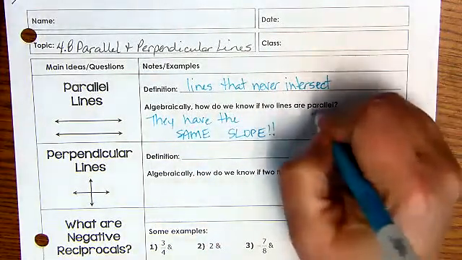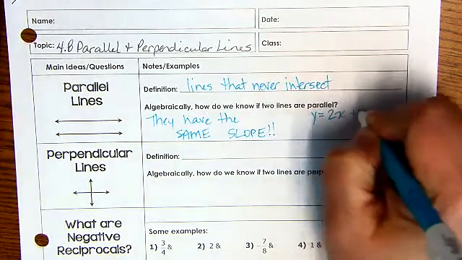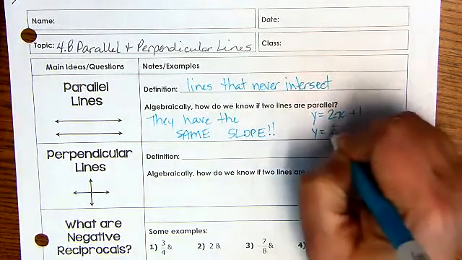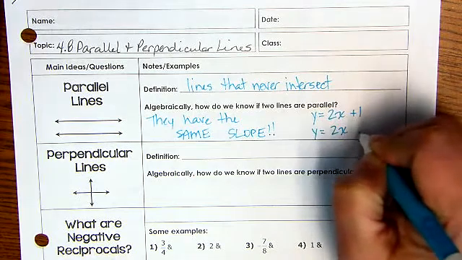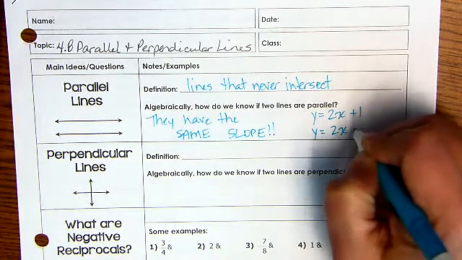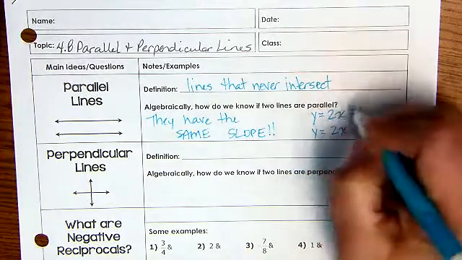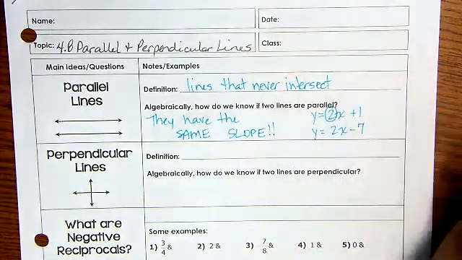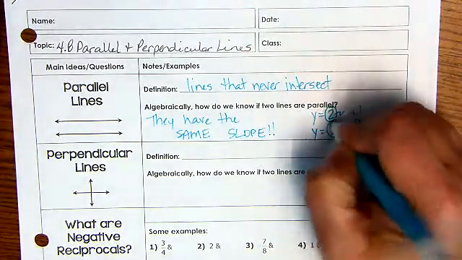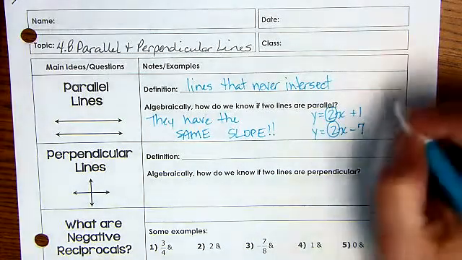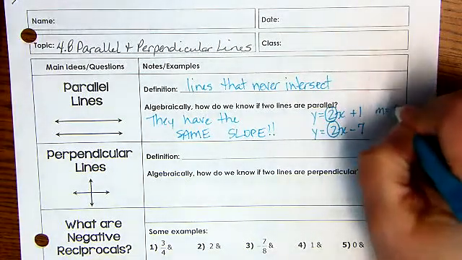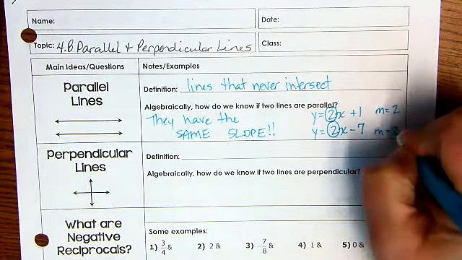So for instance, if we have y equals 2x plus 1 and y equals 2x minus 7, you will notice they both have a slope of 2. The slope is 2 here, and the slope is 2 here.